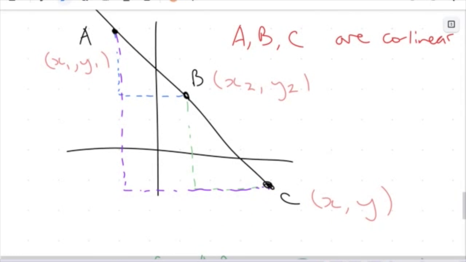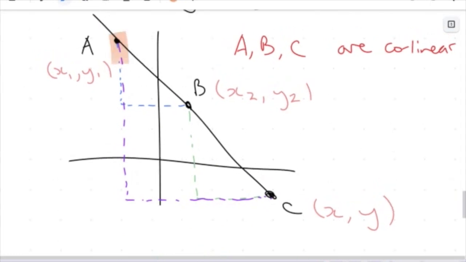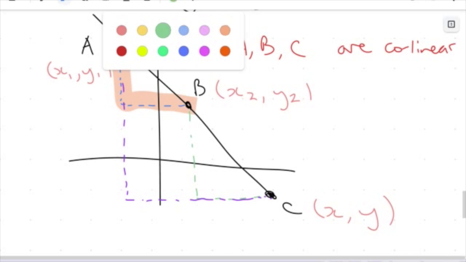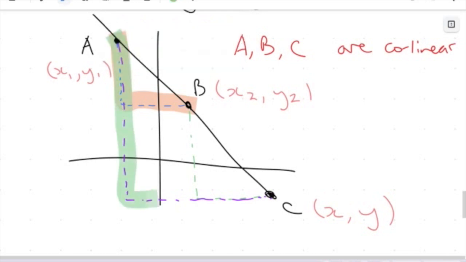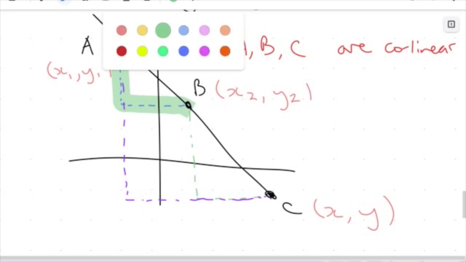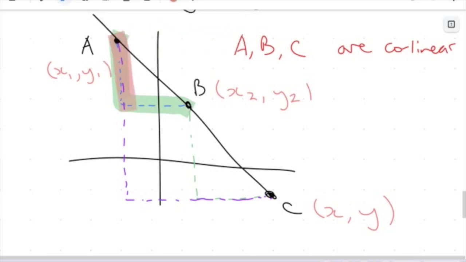And what we've just made a claim is that the gradient here from A to B is identical to this gradient AC. You can graph out a line and try this same thing as well, but what that basically tells us is that the rise over the run of AB is going to be equal to the rise over run of AC, because that's just what the gradient is.